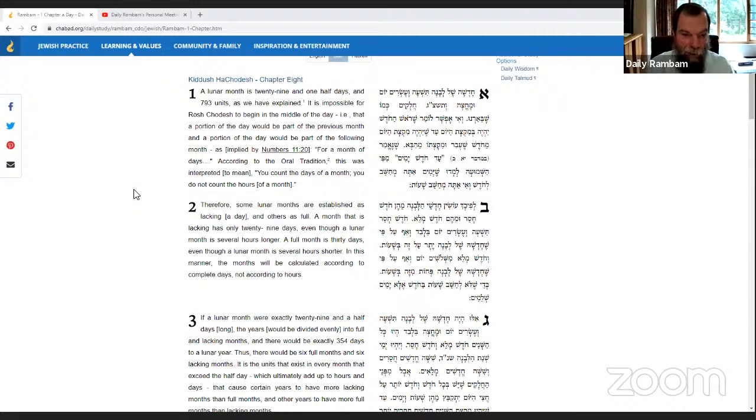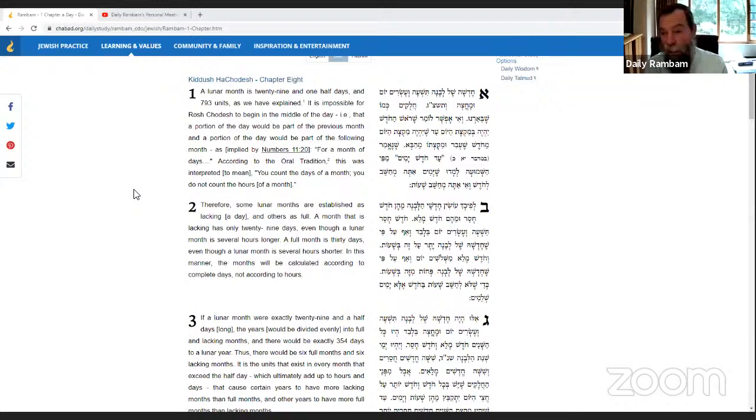Now, we'll learn that we cannot have Rosh Chodesh beginning at 12 o'clock noon or something. That would be chaos, that the morning is one month and the afternoon is the next month. So we'll soon learn that it has to be a full day. So therefore we have, roughly speaking, and we'll go into more detail just now, I'm just giving a bit of an intro. You can't have 29.5 days to the month.